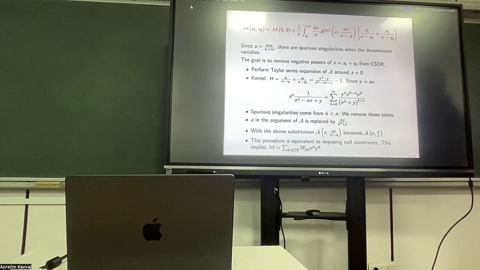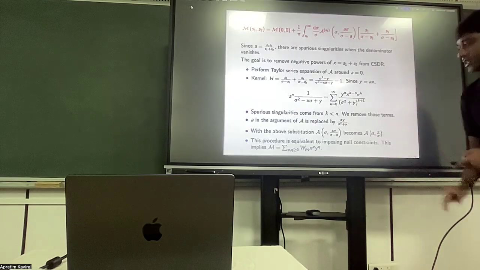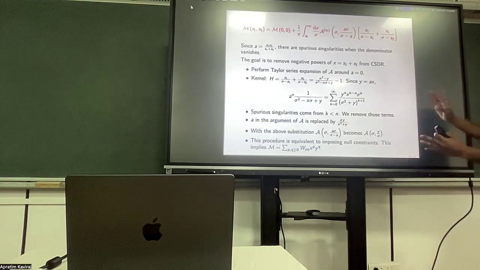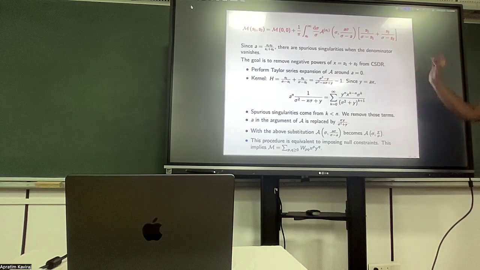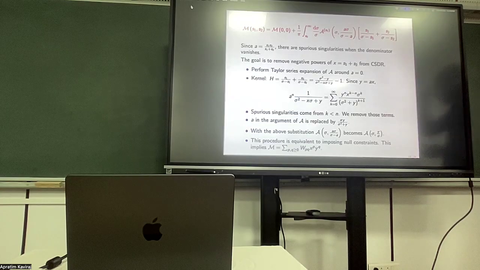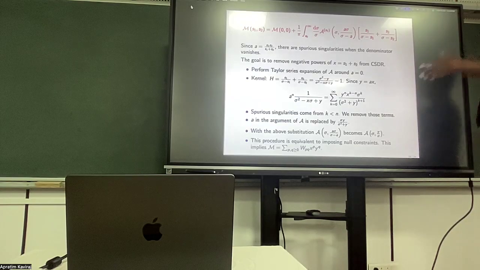Sorry for going into too much detail on these technical things. But finally, when we throw away those non-local terms, whatever singularities the amplitude has will be retained here, with no additional singularities at the level of the dispersion relations.